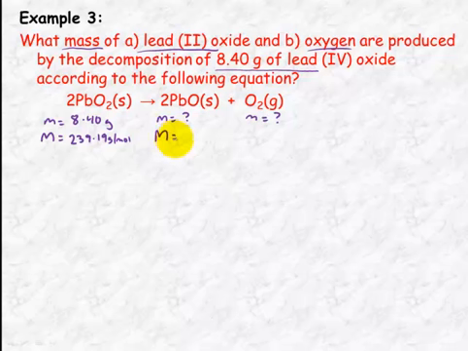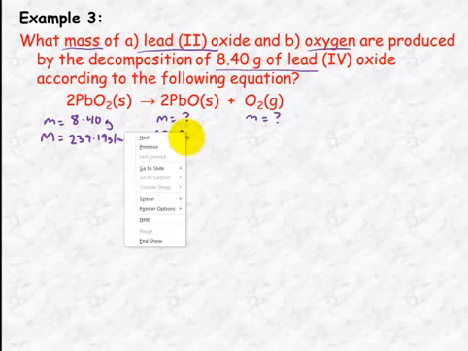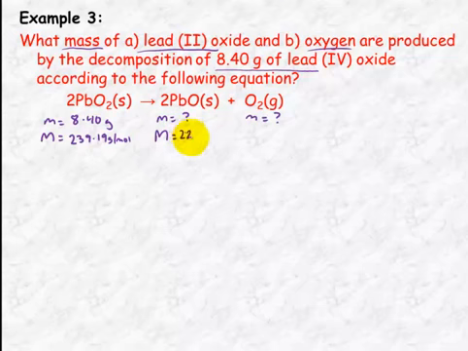So the molar mass of lead oxide is 223.19, and the big M of oxygen is 2 times 16, which will be 32 grams per mole.